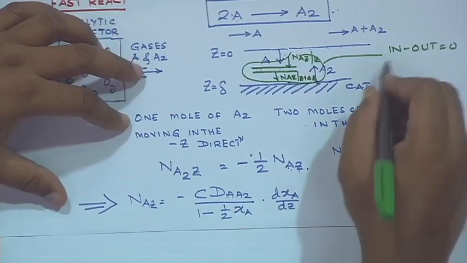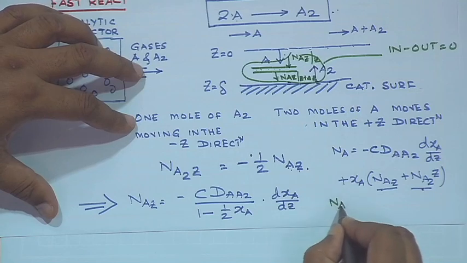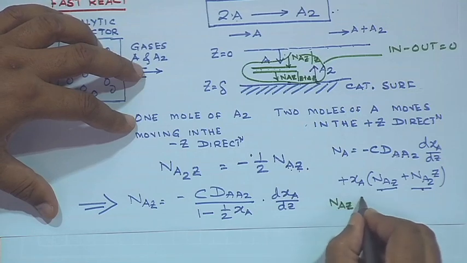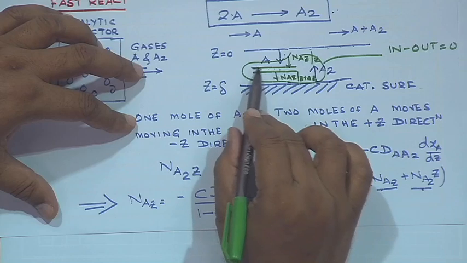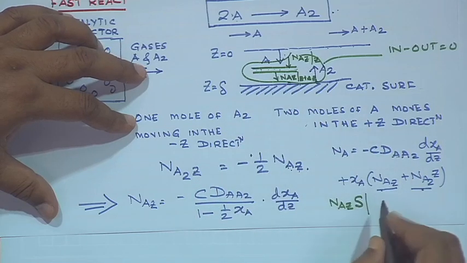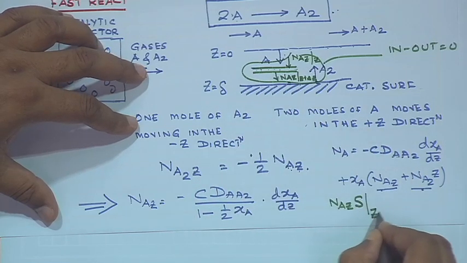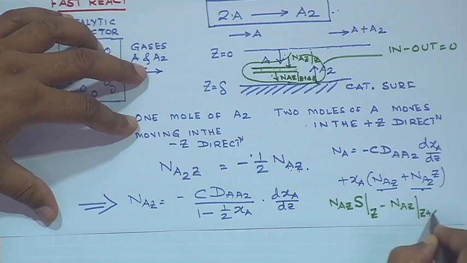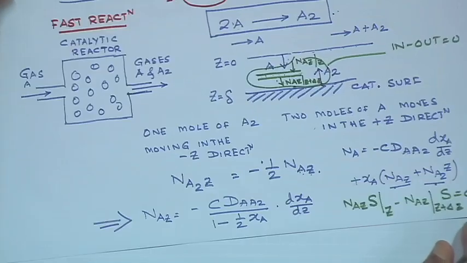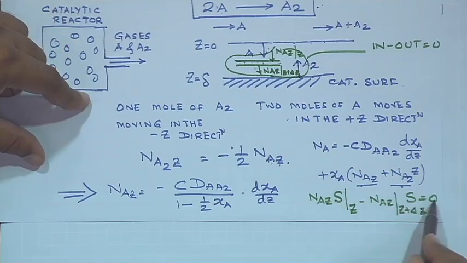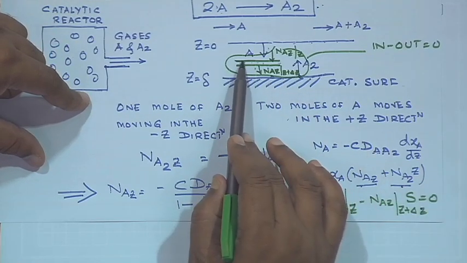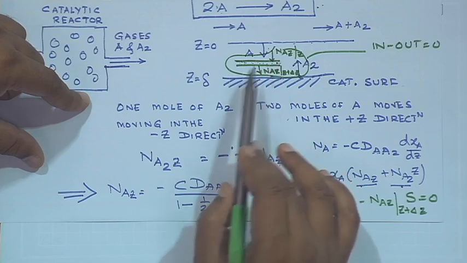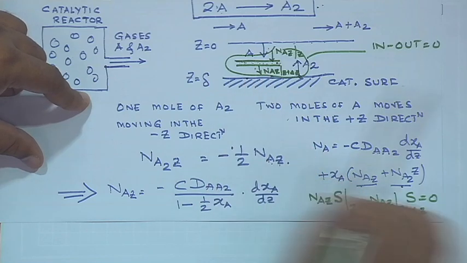So, what I would get out of this is N_AZ multiplied by the cross sectional area S of this assumed slice, evaluated at Z, minus N_AZ evaluated at Z plus delta Z times S, equal to 0. So, in minus out is equal to 0, since no reaction is taking place in here, reaction is only taking place on the catalyst.